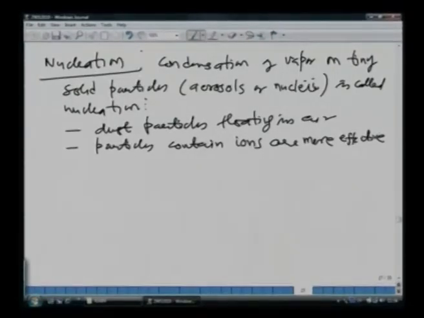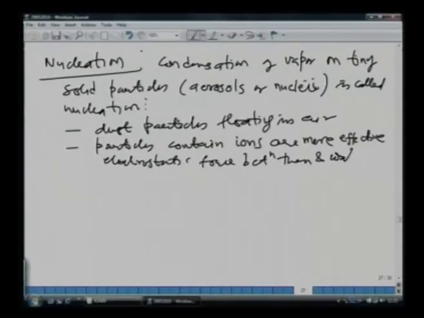There are certain ions due to various natural processes which are floating in the air, more effective due to the electrostatic force between them and water molecules.